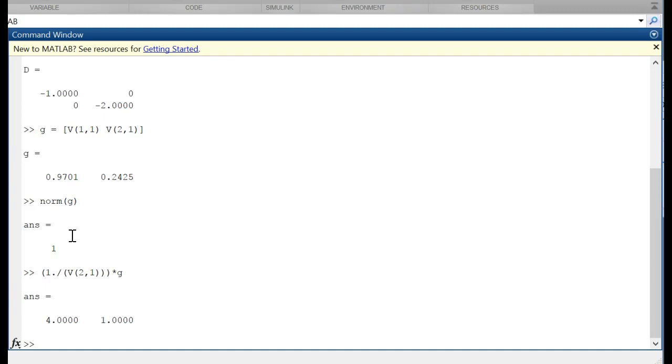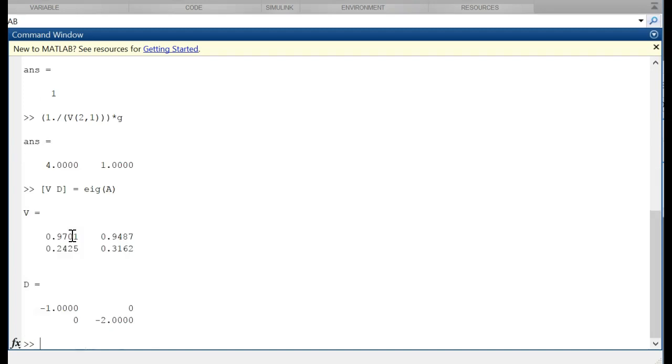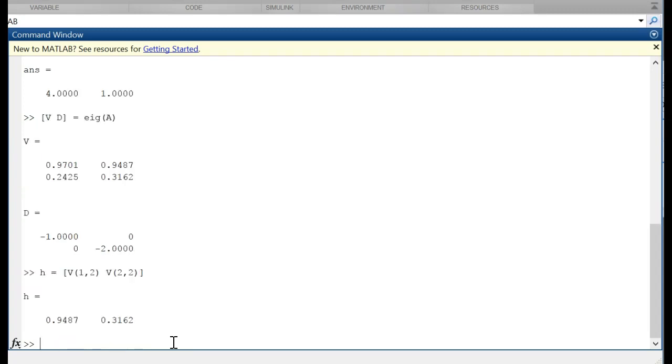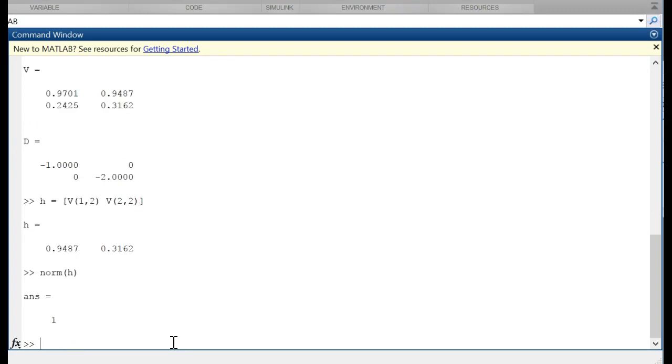So if I look again, here are my two resulting vectors. Now let's make H the second column, so H is going to be V 1, 2 side by side with V 2, 2. That's the second column of V as a row vector. If I take the norm of H, I should expect that this is 1.